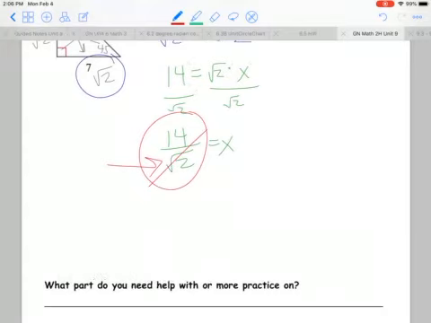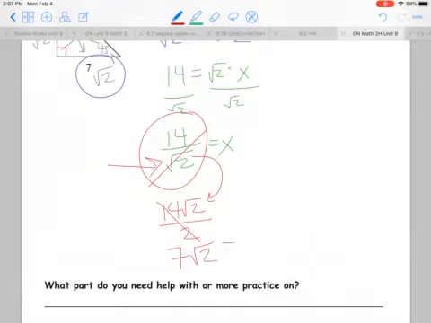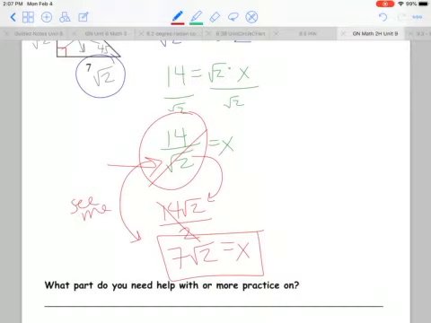So that's where we move the radical up top, basically, and the whole number on bottom. So all this did was we moved it up top. And then we can simplify that to make 7, and then keep the radical 2 the same. So if you have trouble with converting this to this, come see me.